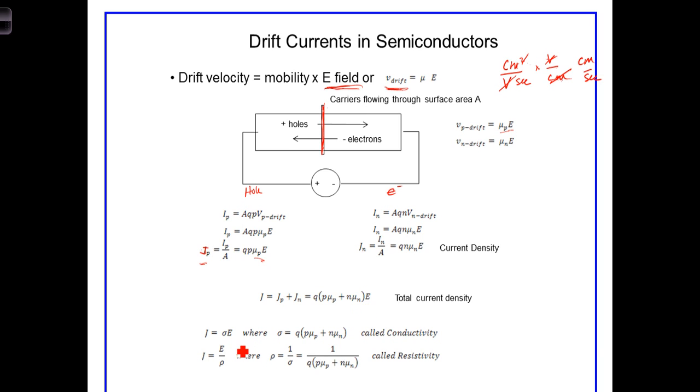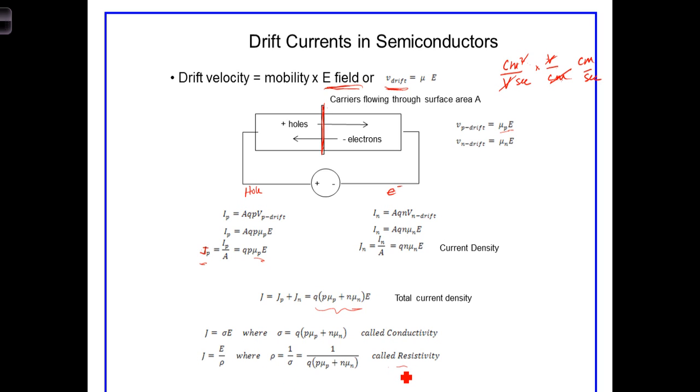It becomes convenient to then define this term right here. That term, charge times the sum of these, is called the conductivity of the material. And the inverse of that, the inverse of sigma, rho equals 1 over sigma, is what is called the resistivity of the material.